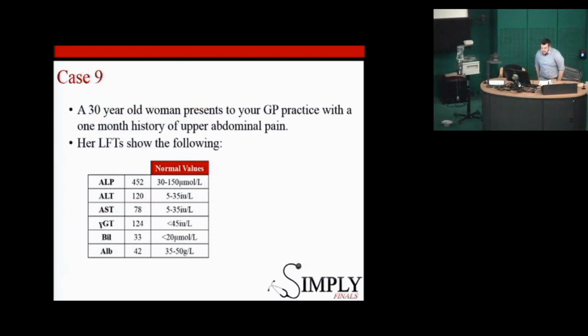Right, case 9. A 30-year-old woman presents to your GP practice with a one-month history of upper abdominal pain. Her LFTs show the following. What's abnormal? How can we describe it?